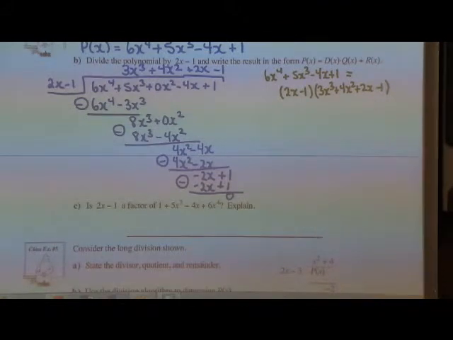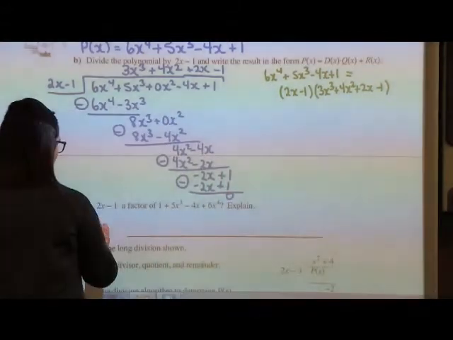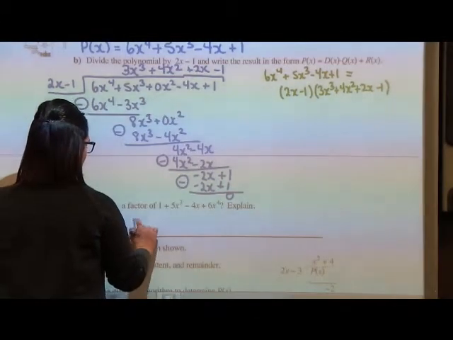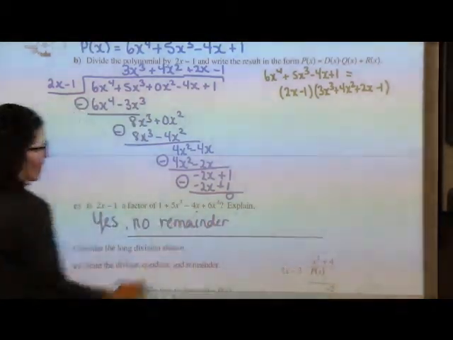So then the next question, is 2x minus 1 a factor of this polynomial? How do I know? There's no remainder. If there is no remainder, it has to be a factor.